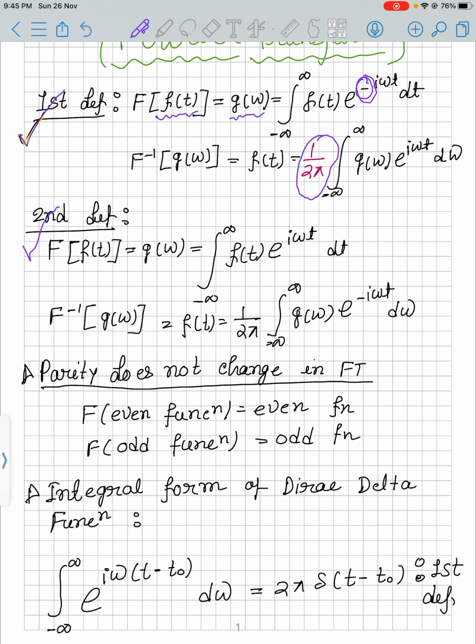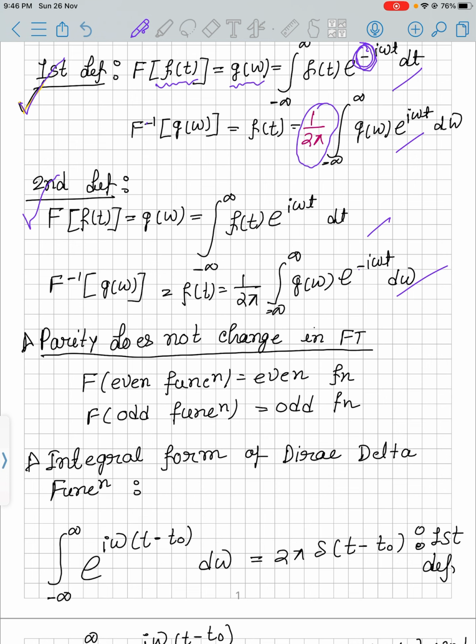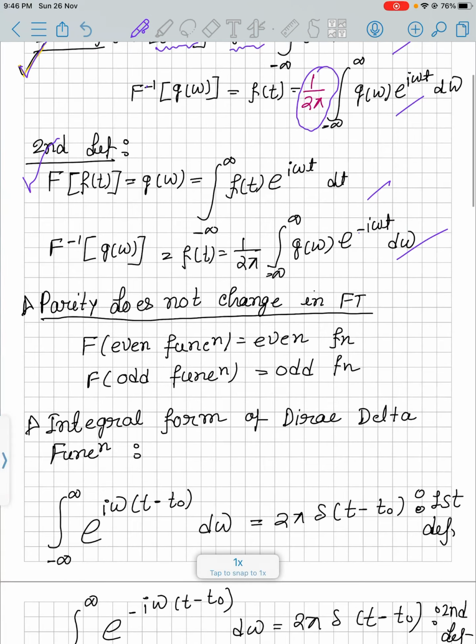So here it will be plus and the opposite will be minus. One will be plus. The formula to remember this is, remember just one. For the first definition it will be minus, and the other you will remember like that.